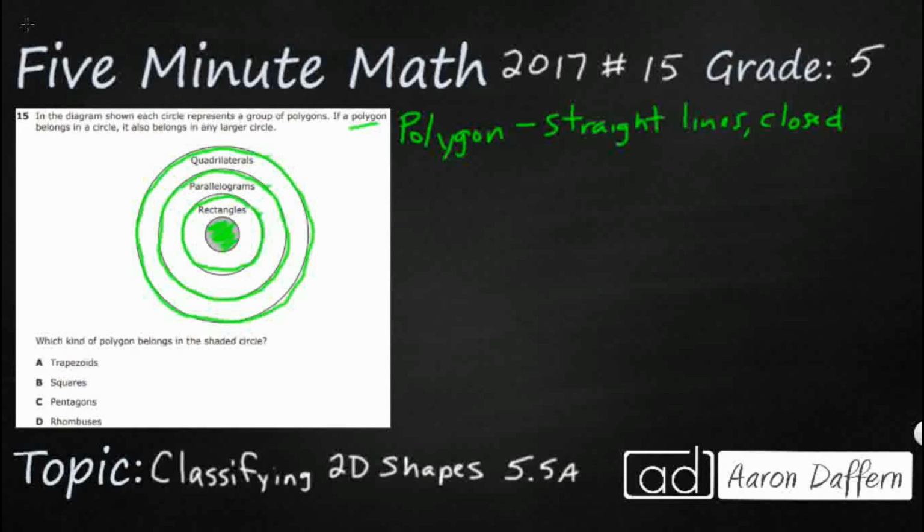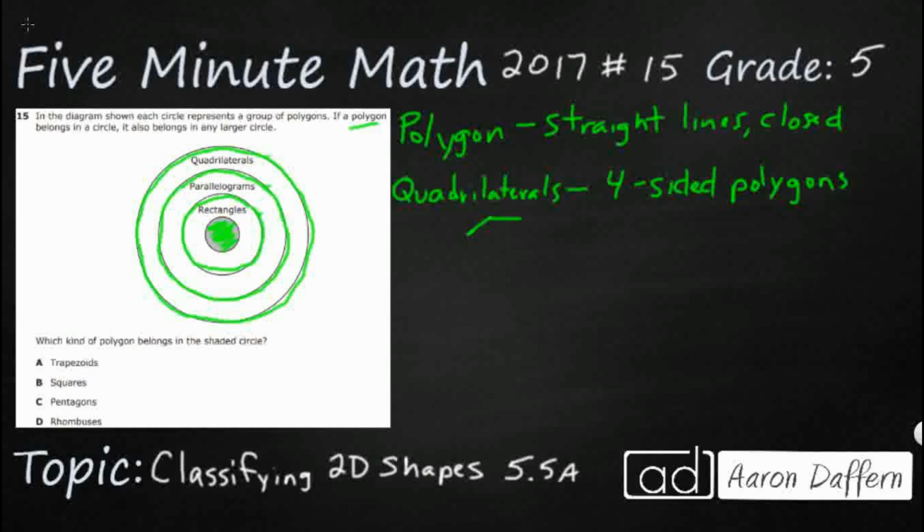But next we need to have quadrilaterals. So that's that next one down, quadrilaterals. Quadrilaterals are four-sided shapes. That's it. That's all we're looking for. Four-sided polygons. So that means they're straight lines, they're closed, but they only have four sides. So we've got a ton of quadrilaterals, right?